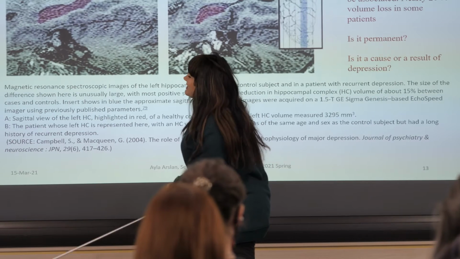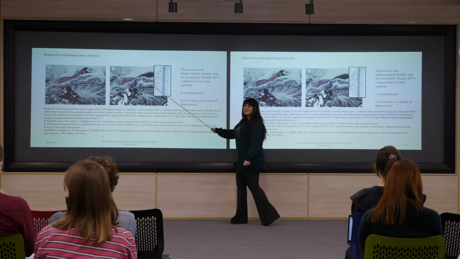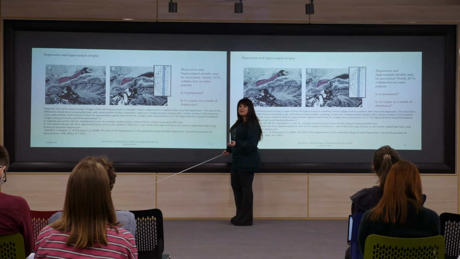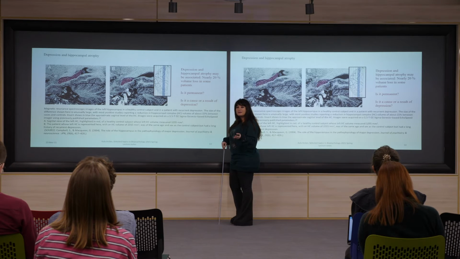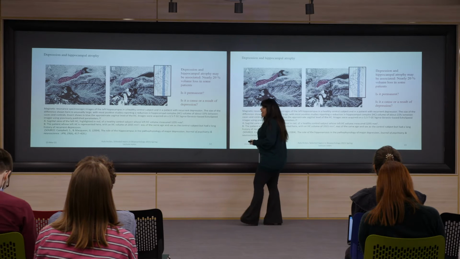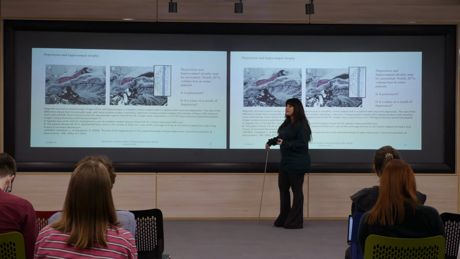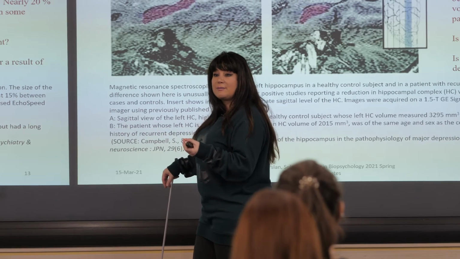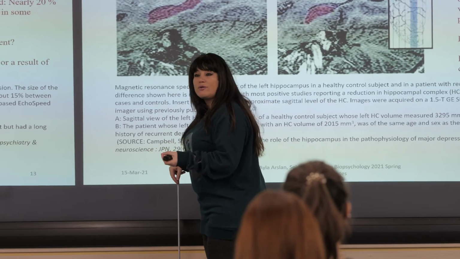Okay. So basically here we mention that hippocampal atrophy is correlated with diseases, including depression, okay? Then the question is, there is a correlation with hippocampal atrophy, but is it a cause of the disease?